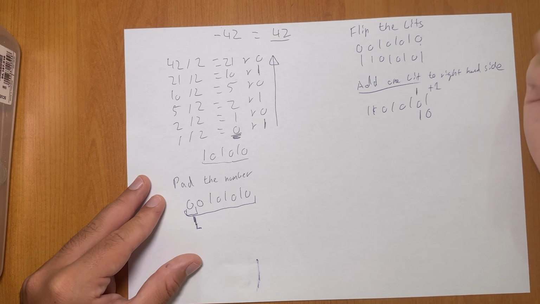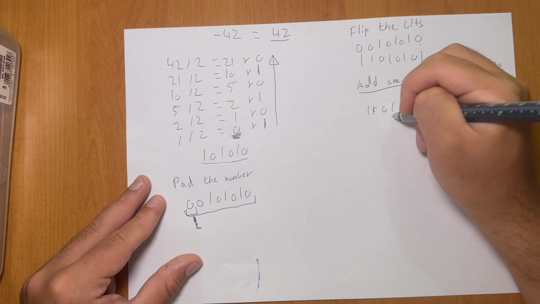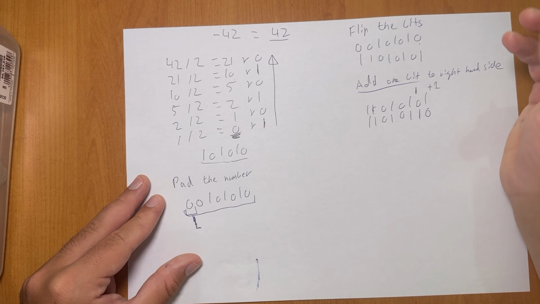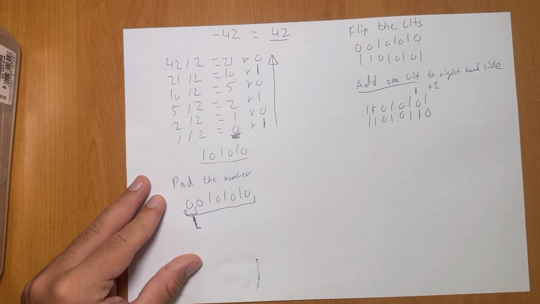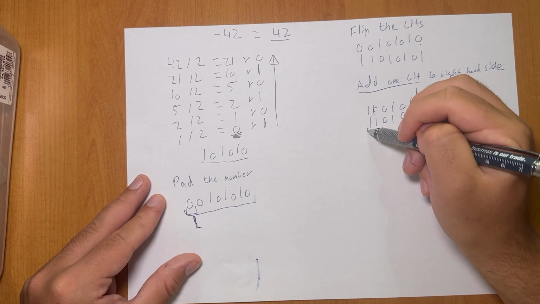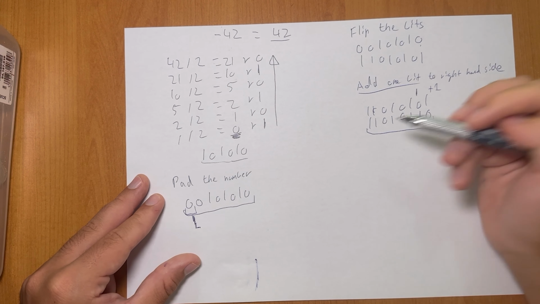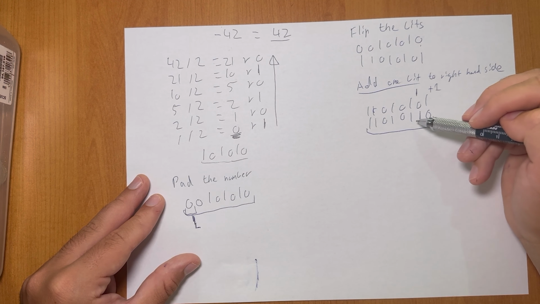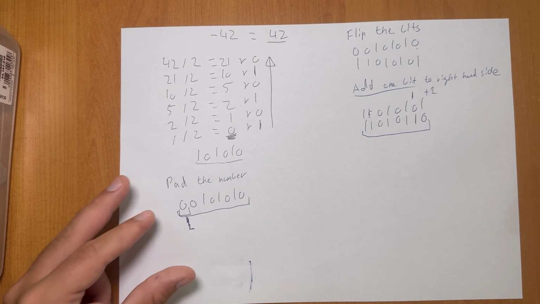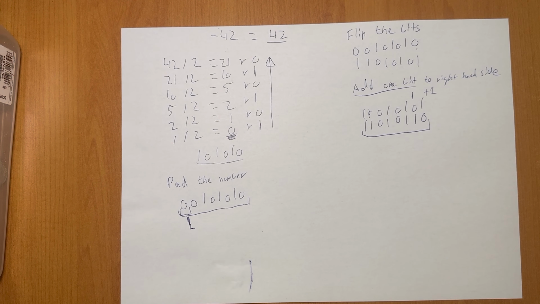And then we're done here. We just fill out the rest of the number. Okay, cool. And now this is my answer. We've finished 2's complement, and my answer is 1, 1, 0, 1, 0, 1, 1, 0. And that is the binary representation of -42 using the 2's complement method.